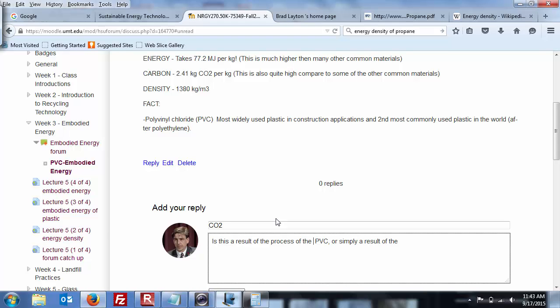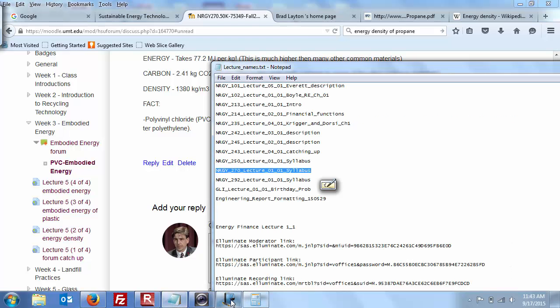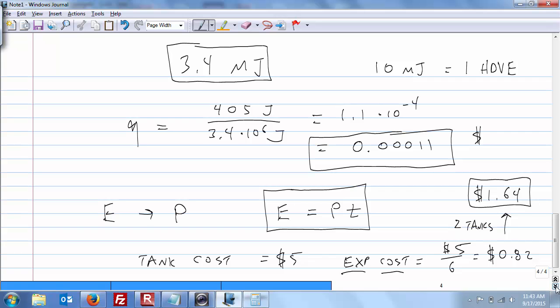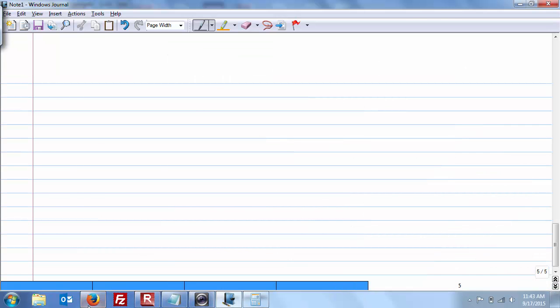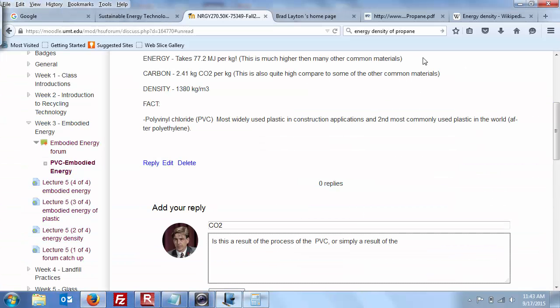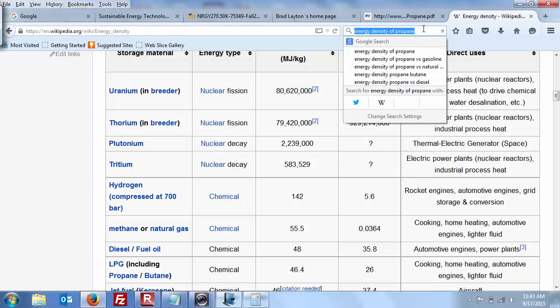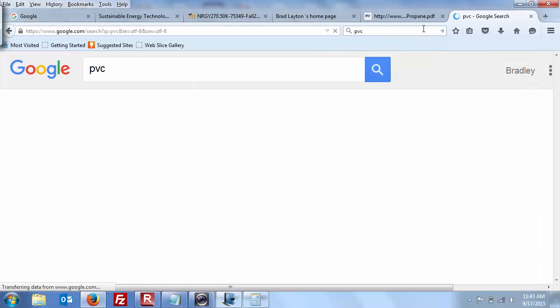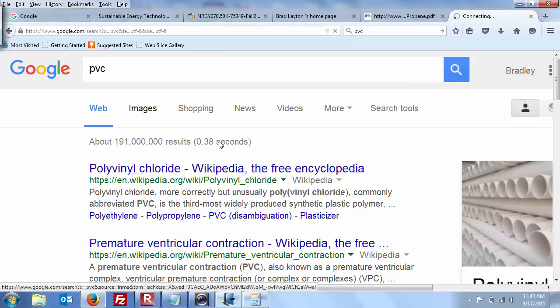Well, so my question, so Sean has a good point, and he threw the CO2 thing out there, because it was listed in that, and let me just take a quick peek. Well, while we're at it, let's just look at the chemical formula for PVC. I don't know it off the top of my head.